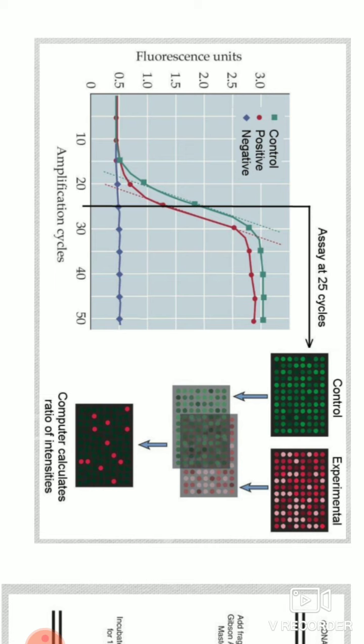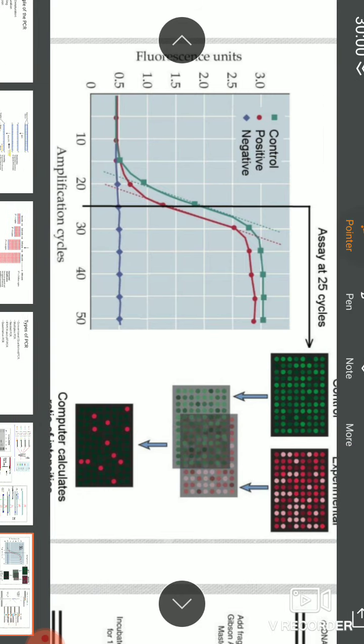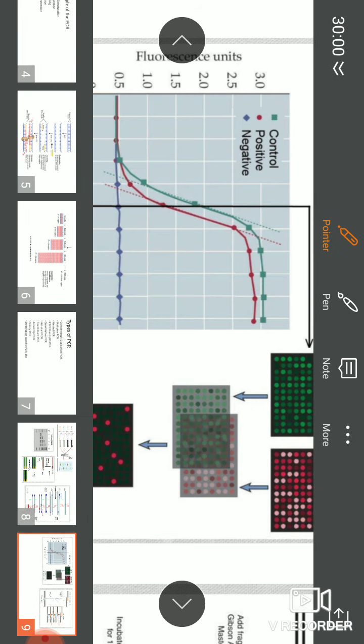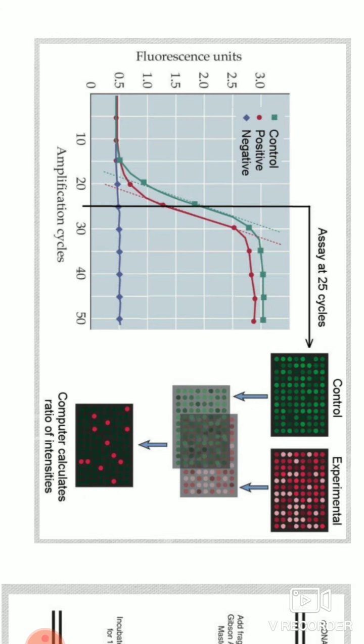When it is denatured, no binding of DNA. When there is annealing, no binding of DNA. When there is extension, there is binding of DNA. So every cycle there is an increase in binding of DNA, right? So in denaturation no binding, annealing no binding, but as the cycles increase, there is a logarithmic increase of binding of DNA. So this is monitored live, that means in the process.